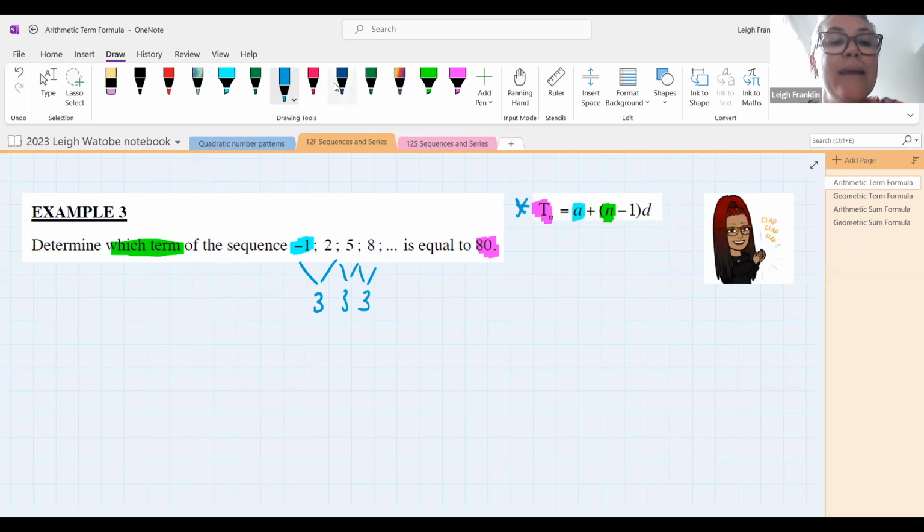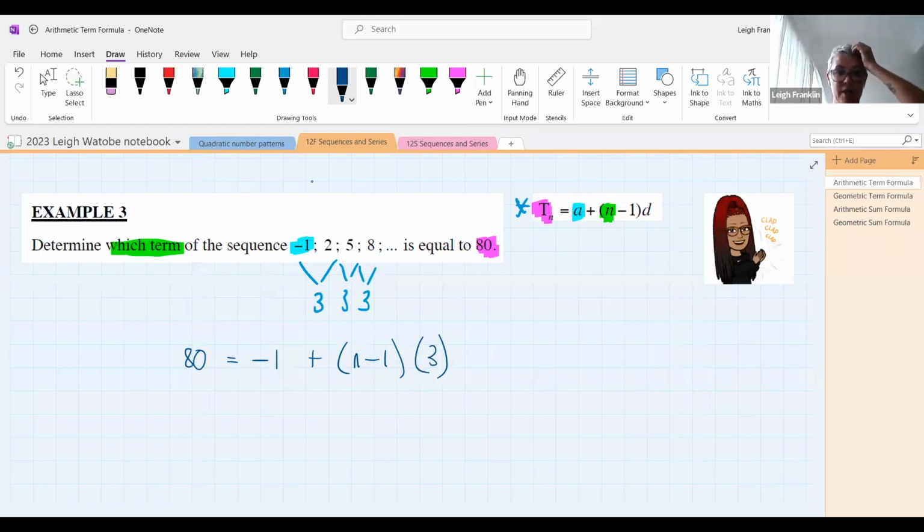So Tn is 80, so we write 80 equals a, which is -1, plus n minus 1 times our difference, which is 3. I always put it in brackets just in case. Now it is our responsibility to work backwards from 80 and work out the position of the term that is equal to 80 in our particular pattern.